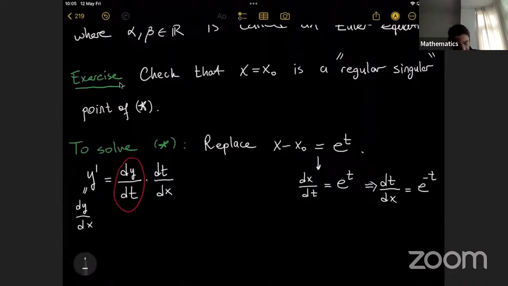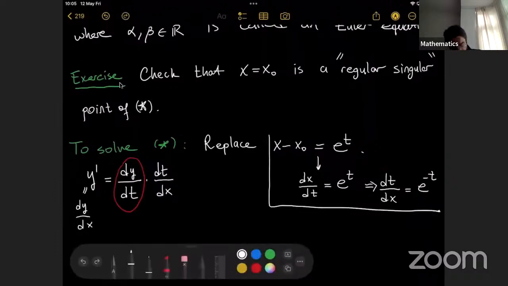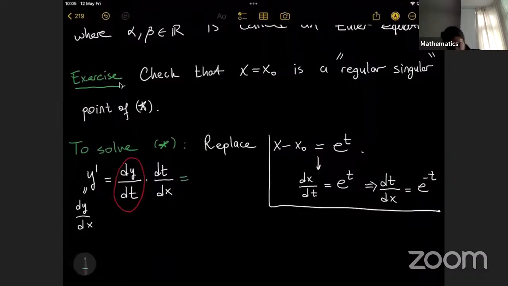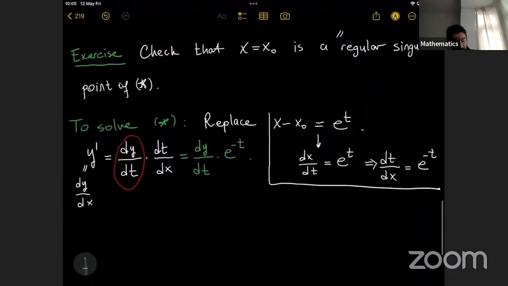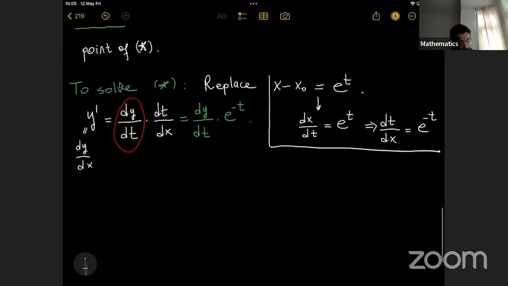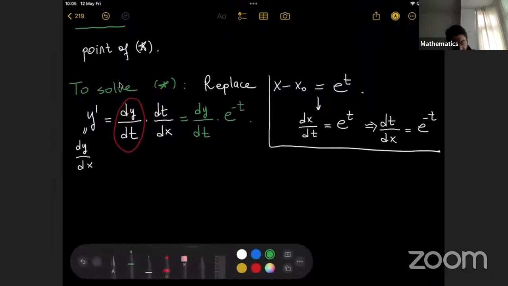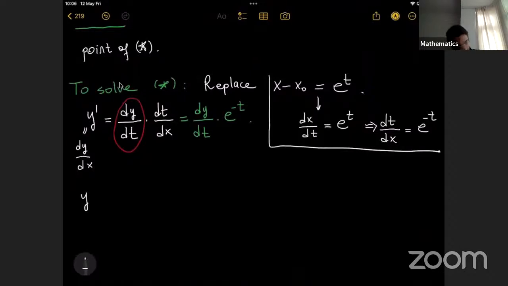So let's put this back in here, and maybe let's keep on a side. So this is going to be dy dt times derivative of t with respect to x, which is e to the minus t. We just found out here, right? This is y prime. What about y double prime? So we do the similar thing for the second derivative of y.